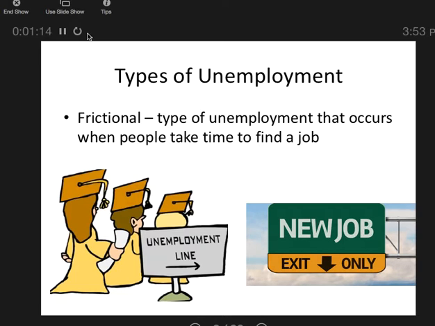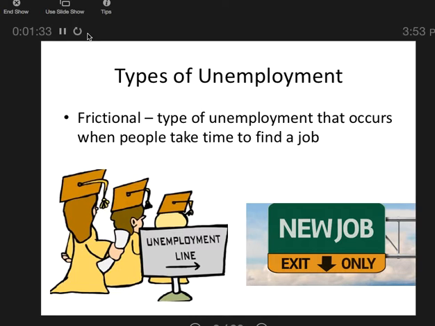A second thing could be that someone stepped out of employment for a while to raise kids or take care of a family member or whatever that might be. That could also be something that we would find as frictional unemployment, and then coming back into the workforce.